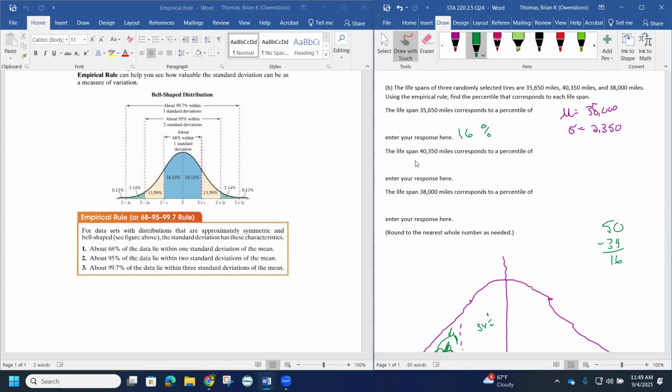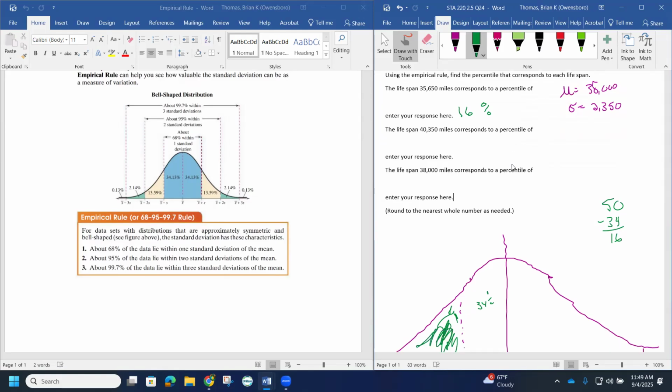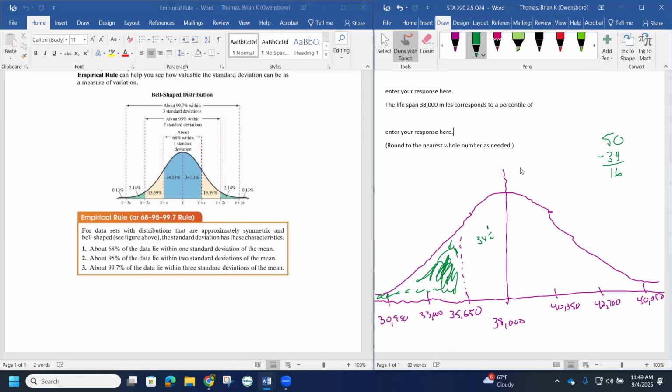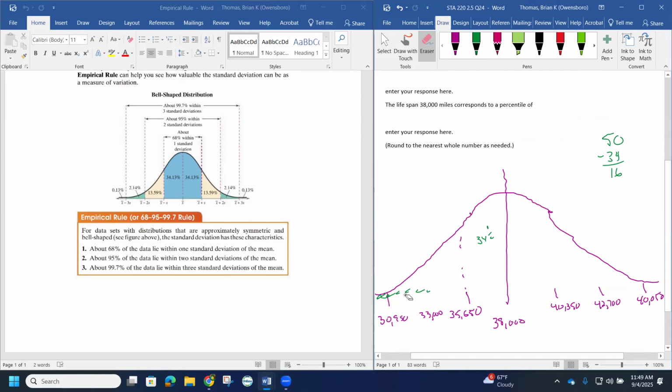The next question is, what's the percentile corresponding to 40,350 miles? So what we're asking is, what percent of our tires reach a lifespan of 40,350? So if I erase this and start fresh, it looks like I lost part of my graph there.